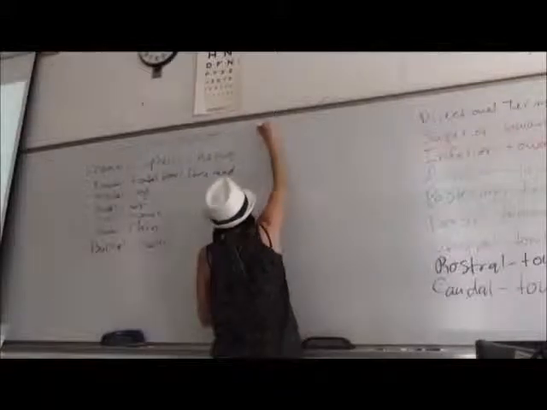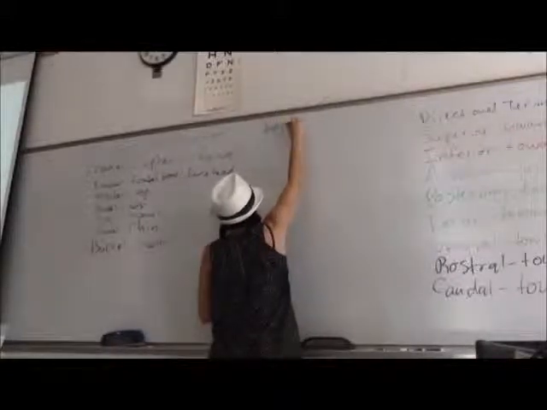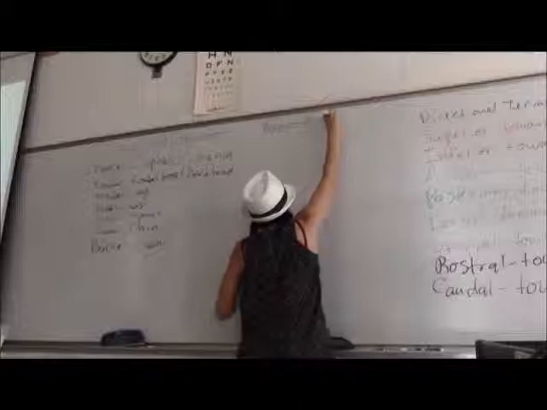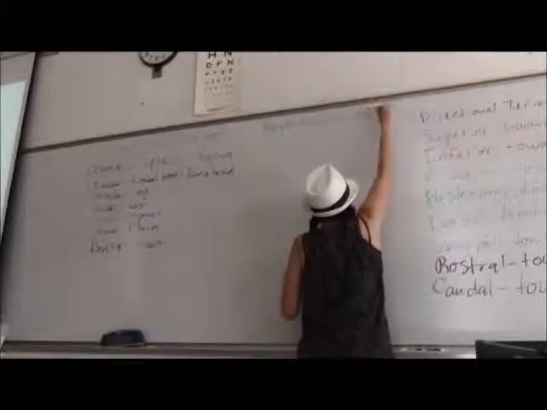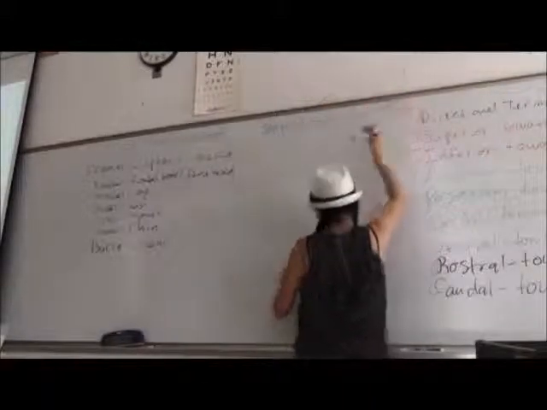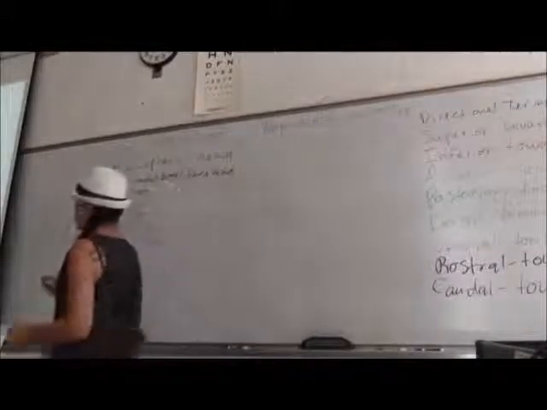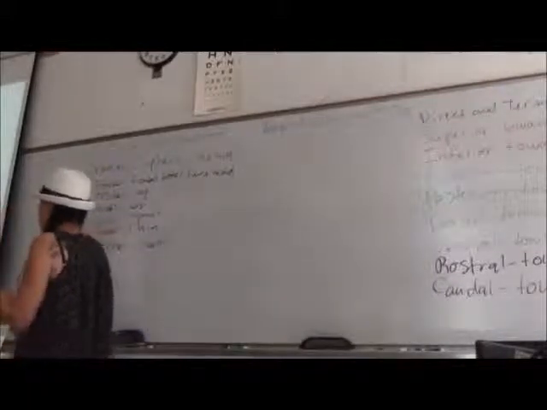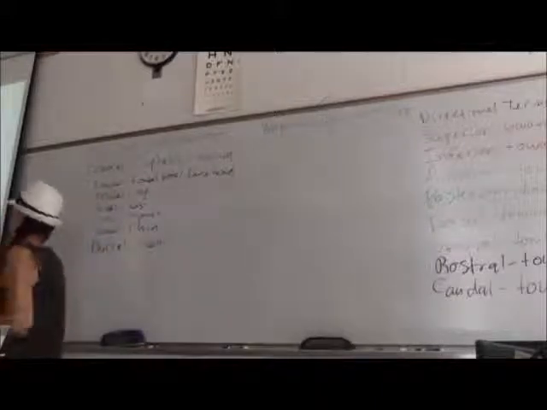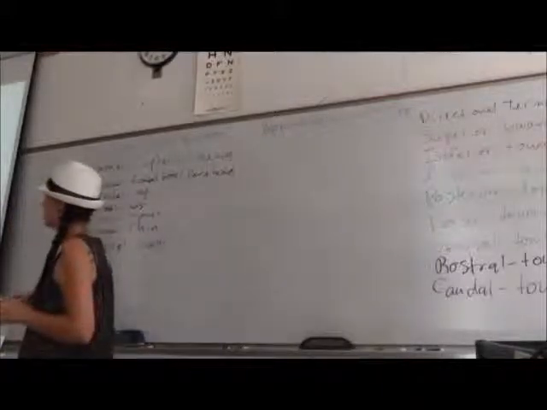Appendicular is referring to your appendages, so your arms and legs. Usually you hear it as axial skeleton and appendicular skeleton, but your book is referring to it as regions as well.